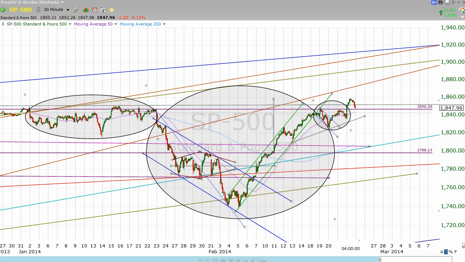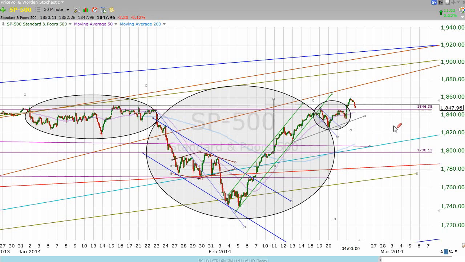As a matter of fact, this pattern, hold on, I have to do this in a little bit of a roundabout way. From 1740, this pattern is about 108 points tall.